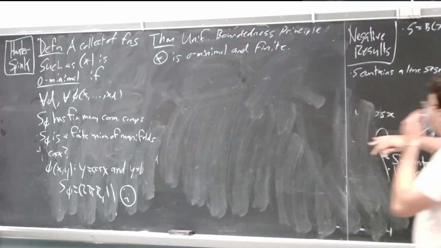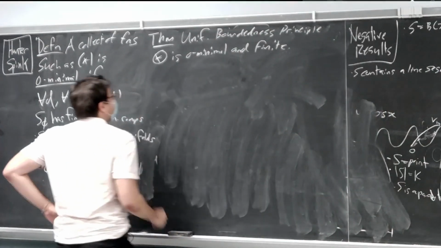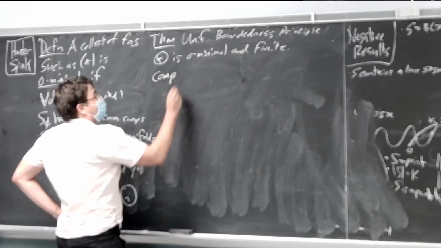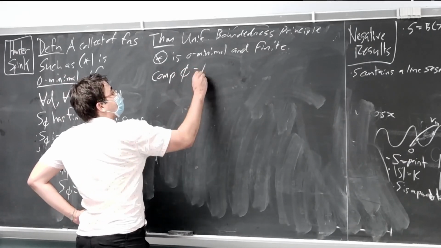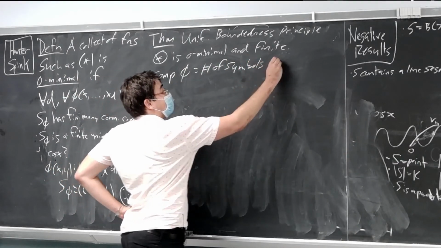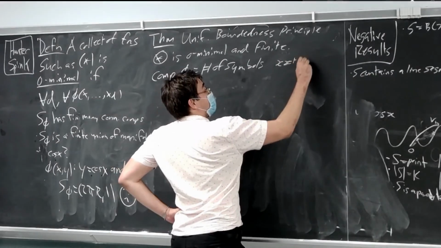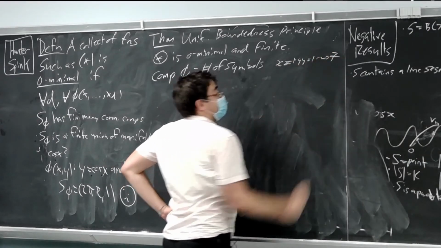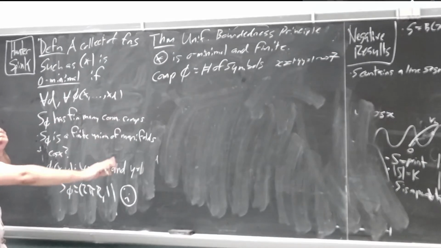So this isn't actually a legitimate restriction. We're going to define the complexity of a formula to be the number of symbols in the formula. We're going to count them left to right. x plus y equals 1. 1, 2, 3, 4, 5, 6, 7. 7 symbols. We're just going to count the number of symbols.